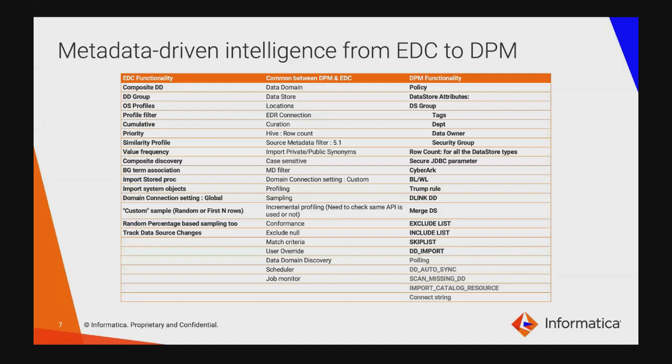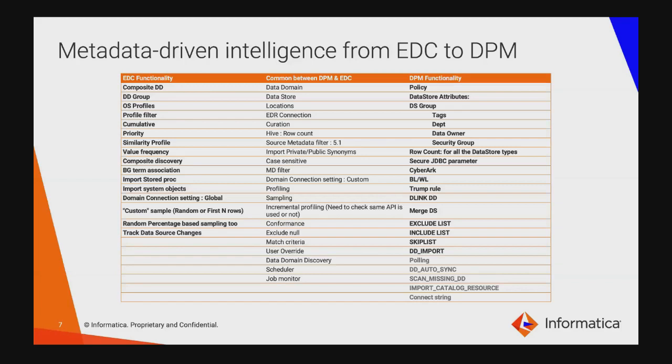But what DPM does differently is that DPM has a concept of a policy. What we call within DPM a classification policy. A classification policy could be a GDPR classification policy or a CCPA classification policy. What that means from a user perspective is, how do you define a CCPA policy within your organization?